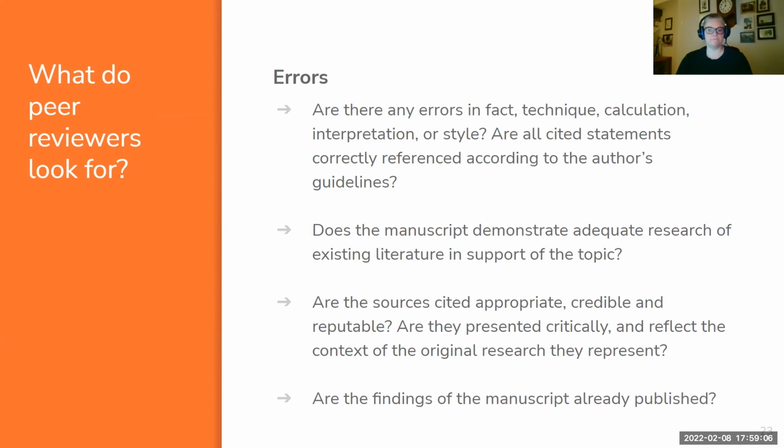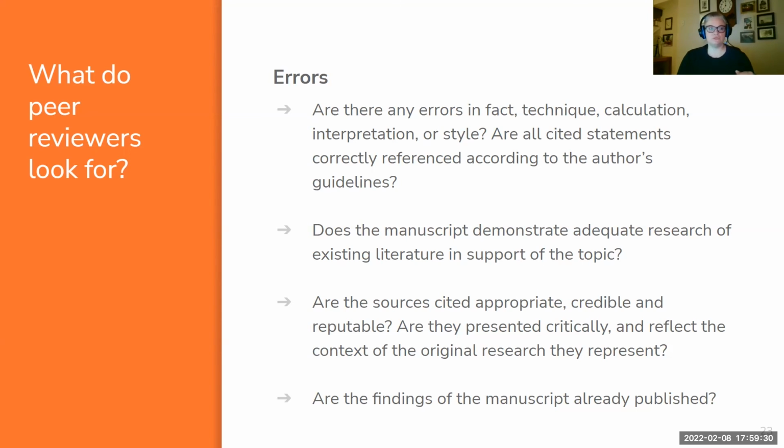It doesn't happen often, but sometimes it does. So you'll want to get an outside eye to look over, even if it's quickly, that you didn't make any errors, and that everything is, for example, correctly cited and follows the guidelines.